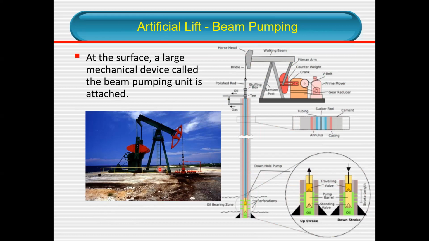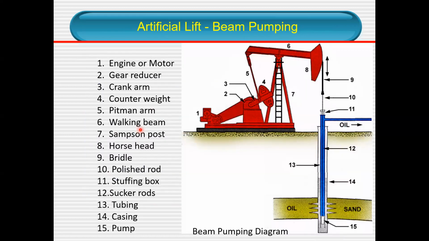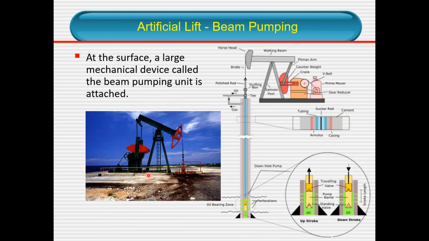At the surface, a large mechanical device called a beam pumping unit is attached. This is why you cannot put this offshore. Why do I keep mentioning offshore? I believe most of you, if you are in Malaysia or most countries, will be working offshore.